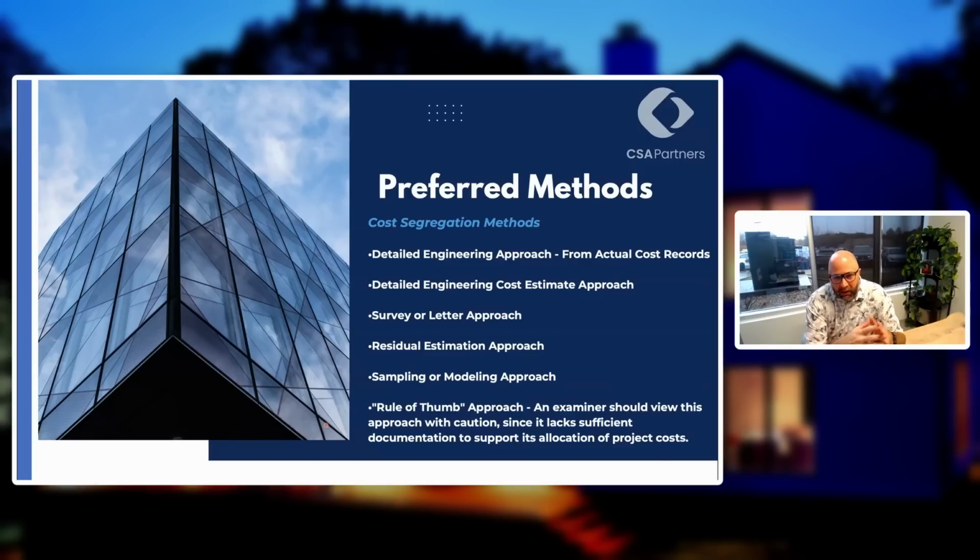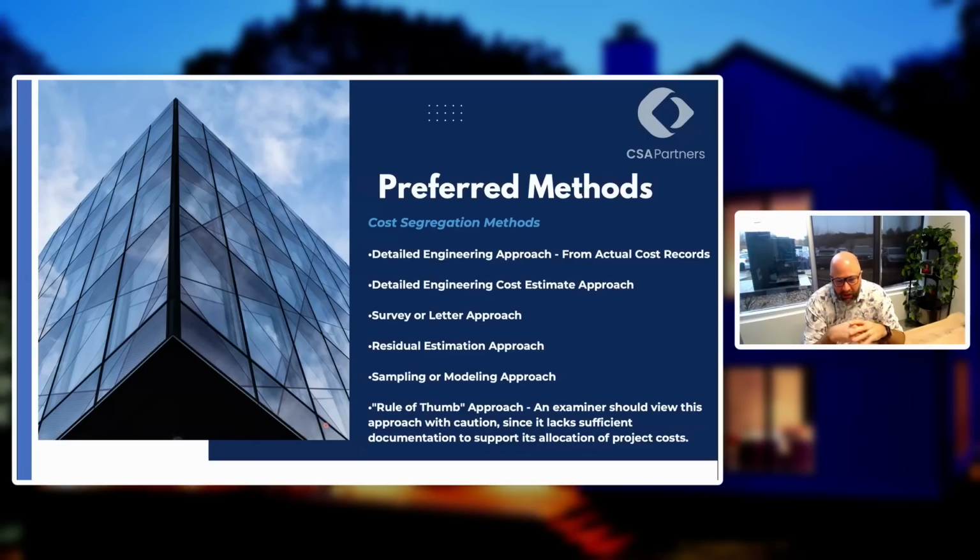We've got actual cost. Number 2 there is a detailed engineering cost estimate approach. This would be if you buy an existing building, we don't have invoices for the parking lot, the carpet, etc. So we're going to have to use a methodology to estimate the costs of those different components. That's what we do here at Cost Seg Authority, a detailed engineering approach, whether it's based on actual cost or cost estimate. There's a couple other methods to do it.